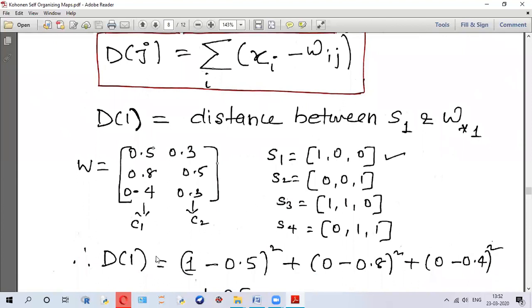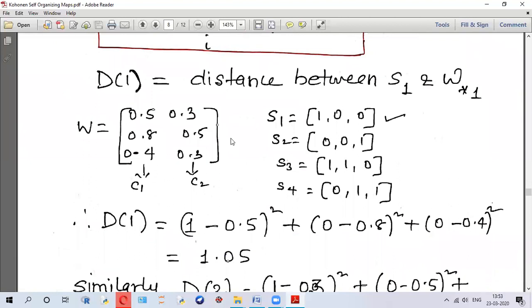So let us do it. We have calculated the distance corresponding to the first cluster, that is D1. Using the same formula that we have defined, that is the equivalent distance, we would be finding the equivalent distance between the input vector, this is 100, and the first code vector, that is 0.5, 0.8, and 0.4, right?